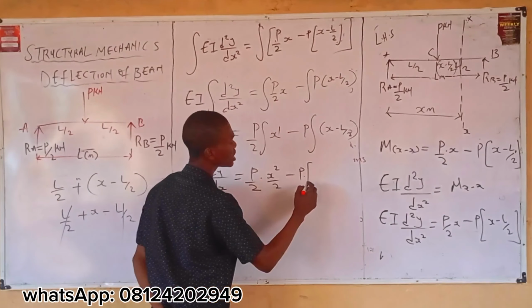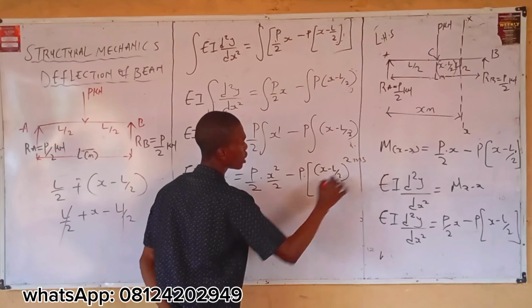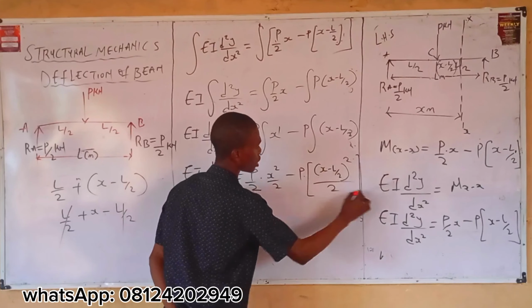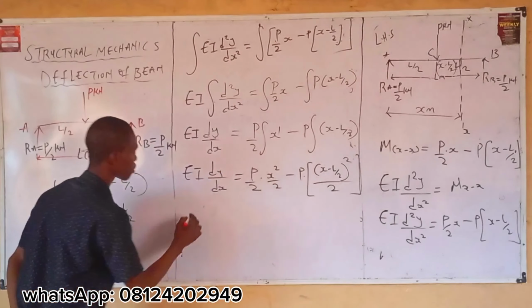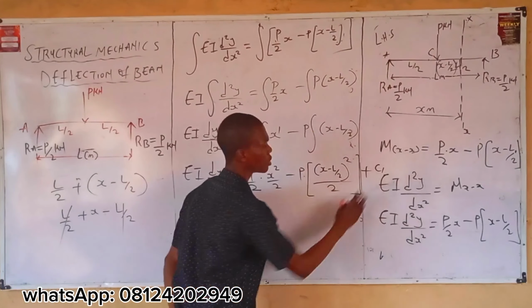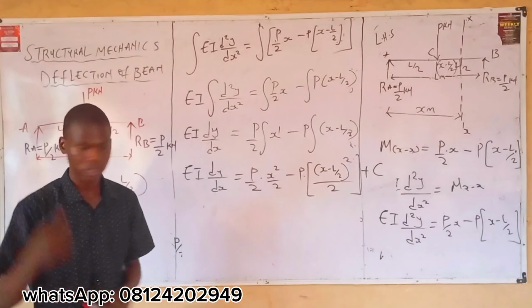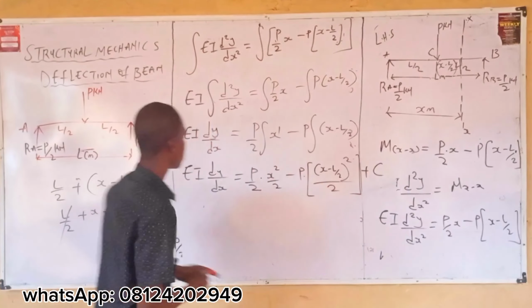Meaning from here, let's integrate. What do we have? (x minus L over 2) squared divided by 2. Any question? No. From here, we now have that. Of course, you add C, the constant of integration. Whenever you integrate, plus C. So this is the constant here.